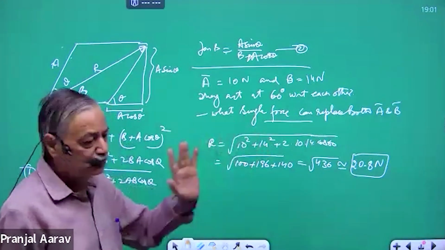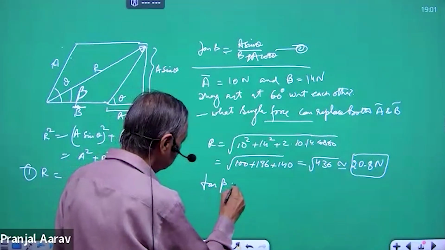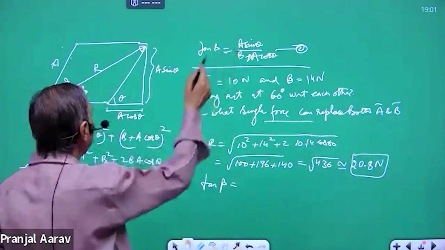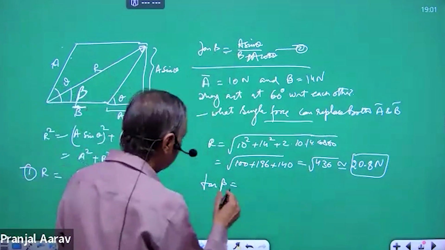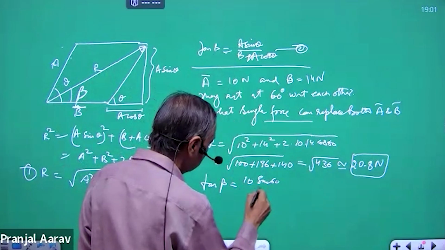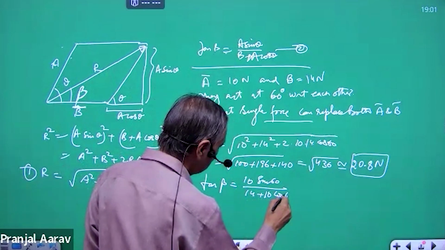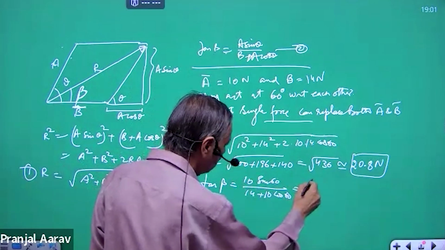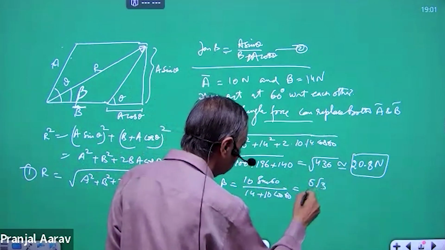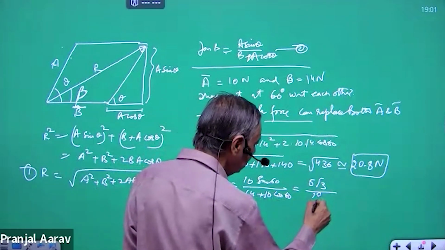You got the magnitude. Direction, you go to tan beta. Tan beta is A sin theta, and A is this. So A sin theta is 10 into sin 60 divided by 14 plus 10 into cos 60. Cos 60 is 1 by 2. So this becomes 5 root 3 divided by 14 plus 5, 19.